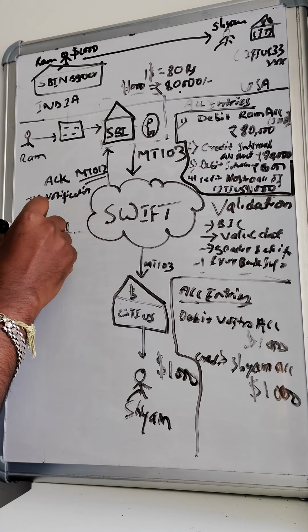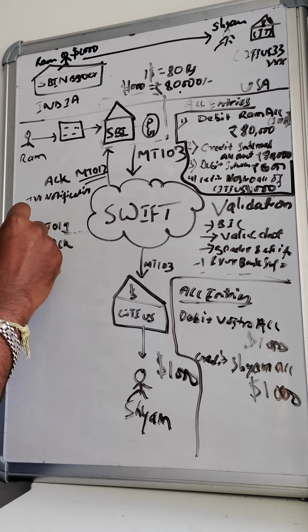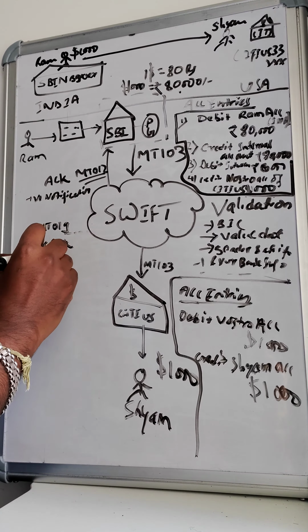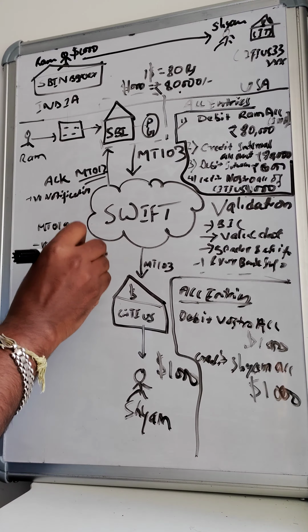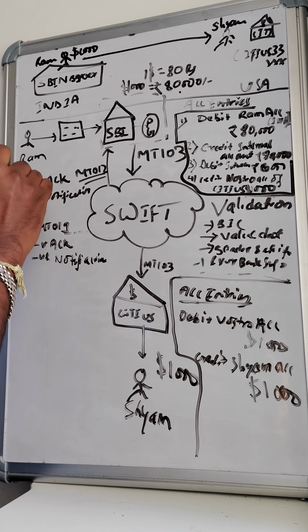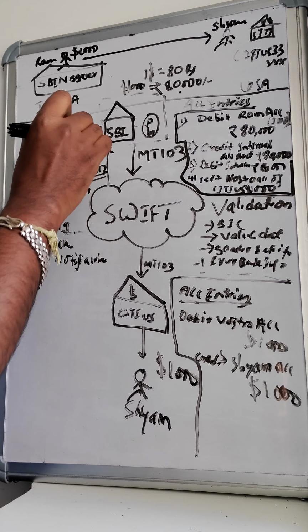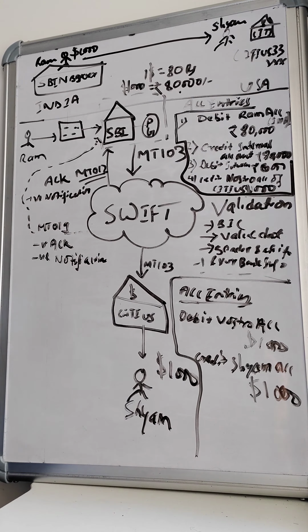This is called a negative ACK or negative notification, and where will it be received? It will be received by the SBI, right? So this is all about the payment flow and Swift's role, the ACK and NACKs, and some accounting entries. So that's all for this video.